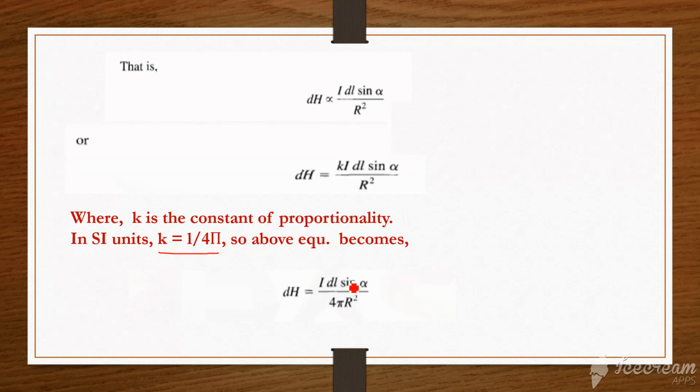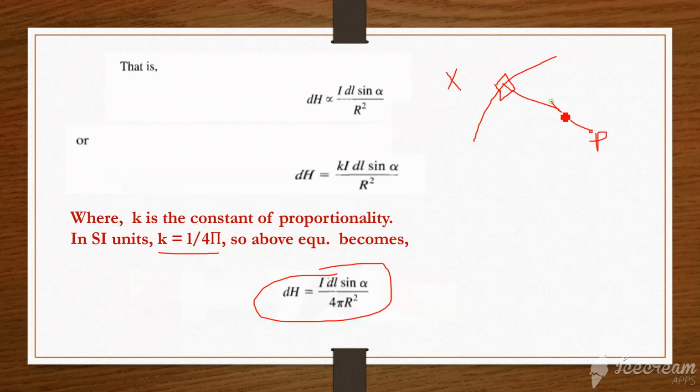Now we simply write this expression with respect to the cross product we already studied. From the above figure, we have the differential current element, and here we have the point P. Here the length is R along the unit vector AR, and the differential length is simply DL.